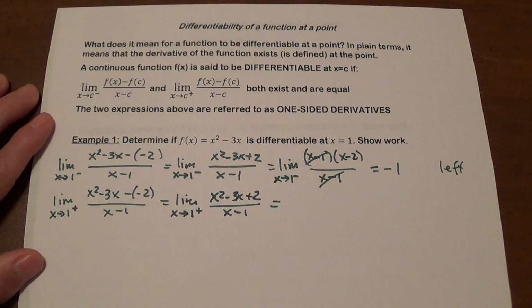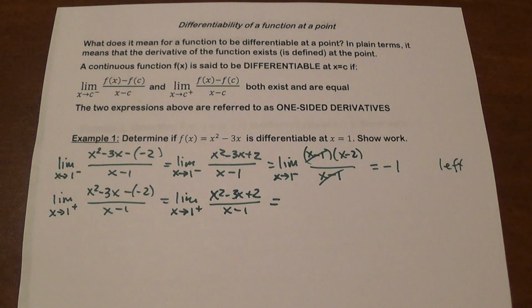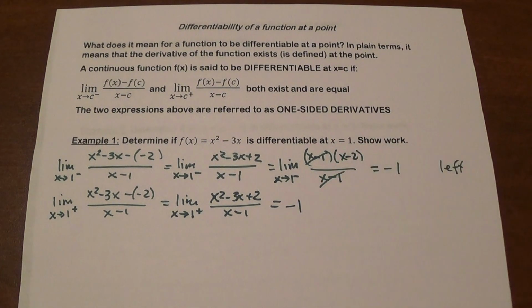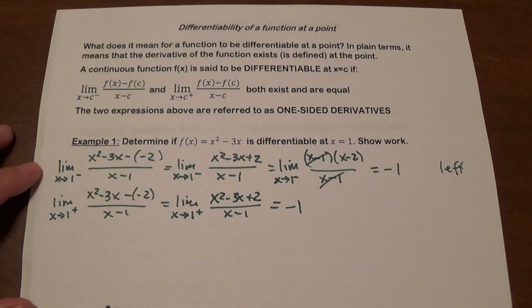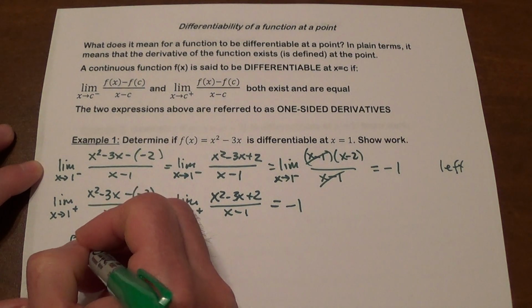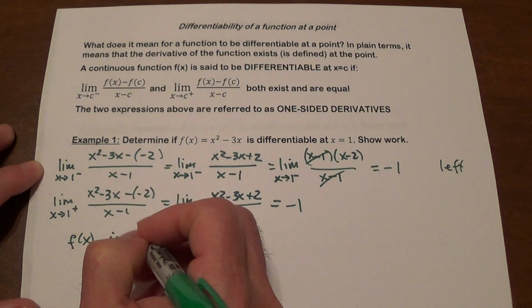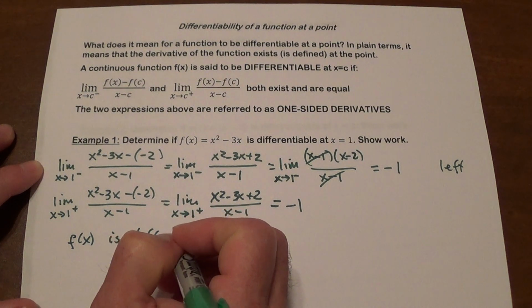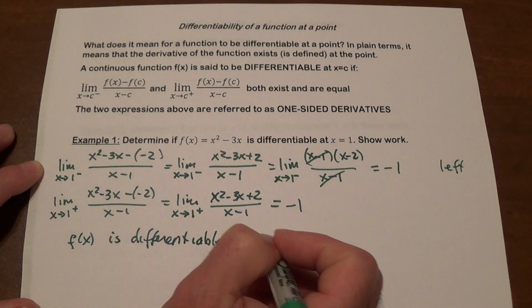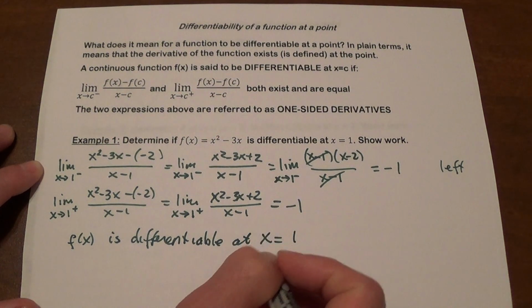And you should see it's exactly the same expression, even though we're approaching from the left in one case, from the right in the other case. Direct substitution works here. We get negative 1. So since they're both equal, we can conclude that f of x is differentiable at x equals 1. Okay?